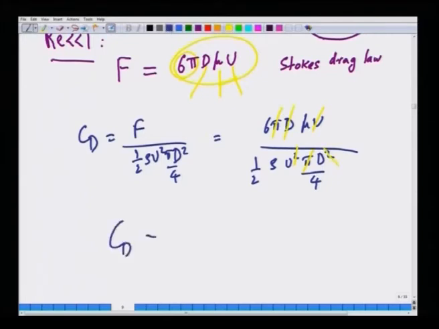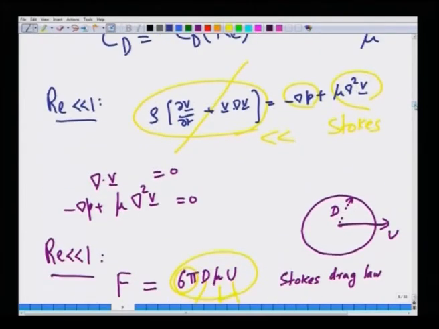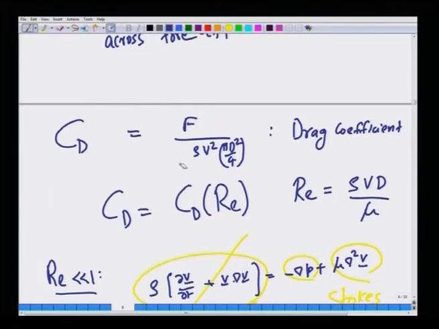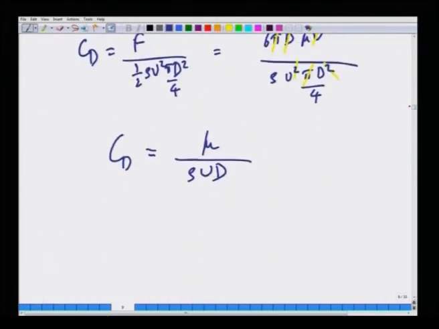Let us do the algebra: CD is mu by rho u d times 24. So, CD becomes 24 by Reynolds number. So, the drag coefficient is defined without the half, rho u squared times the area. Okay. So, that becomes 24 by Reynolds number.